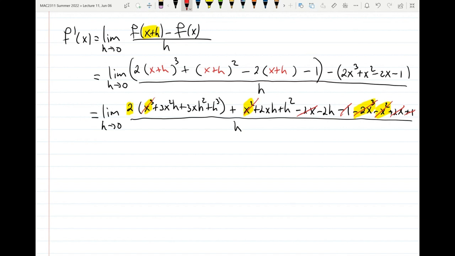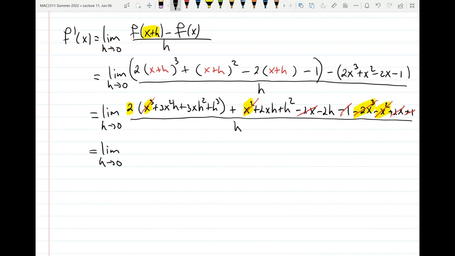Is there anything else? 2xh. That's fine. I don't think anything else cancelled. If something else cancelled, we will figure it out in the next line. But at least we got rid of some stuff.